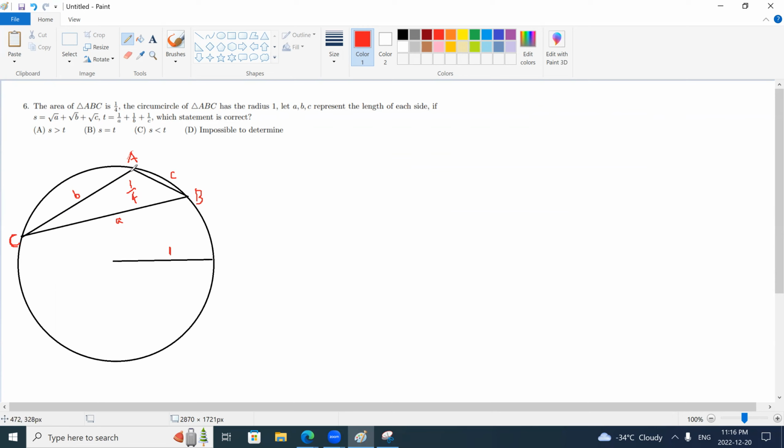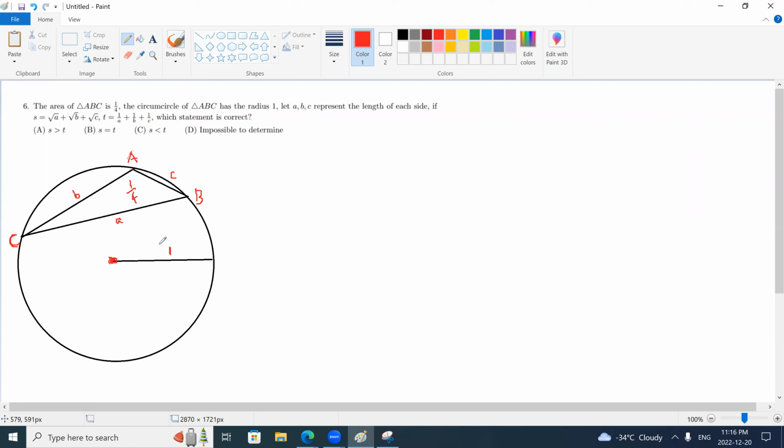So for example, the 3 vertices of this triangle ABC are A, B, and C. They're all on this circle. So that would be a circumcircle. The circumcircle has a radius of 1. So this is 1. And this is the center, obviously.